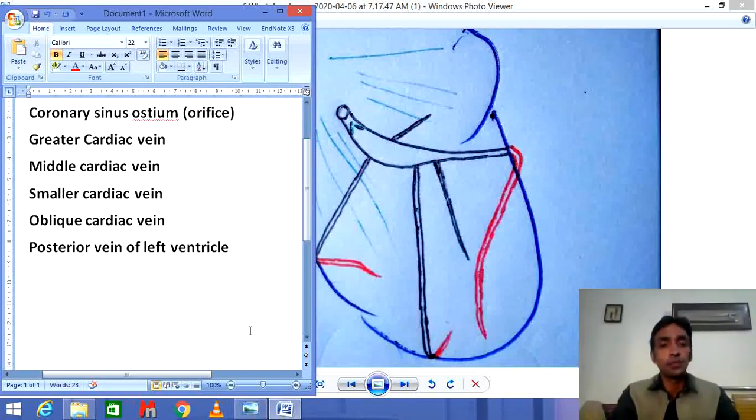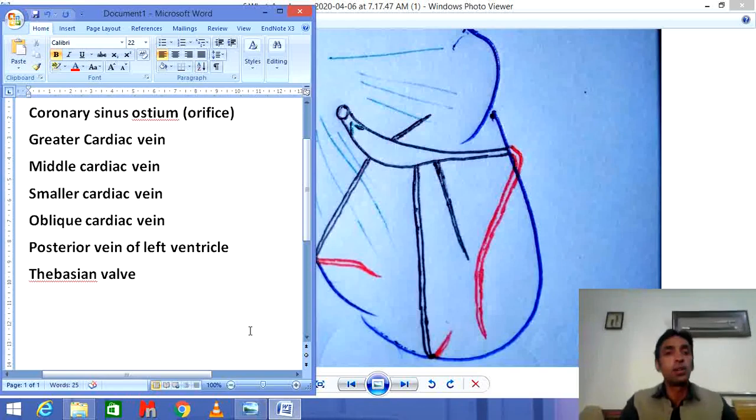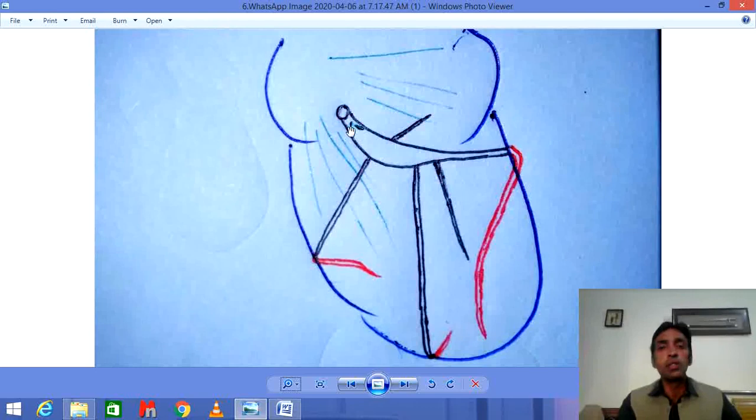So this is called the Thebesian valve. The Thebesian valve is the valve which is present in the opening of the coronary sinus, the coronary sinus ostium, and it allows the one-sided flow of blood from the coronary sinus to the right atrium.